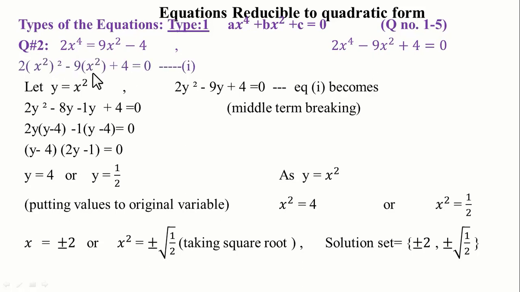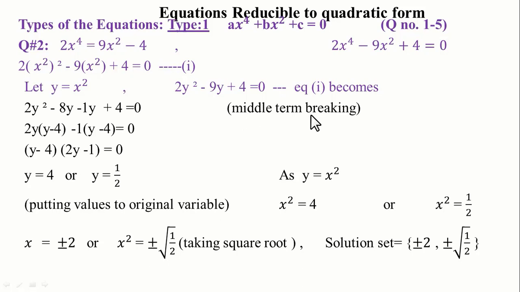Here in equation 1 we let y is equal to x square. Putting in equation 1, we get 2y square minus 9y plus 4 is equal to 0.